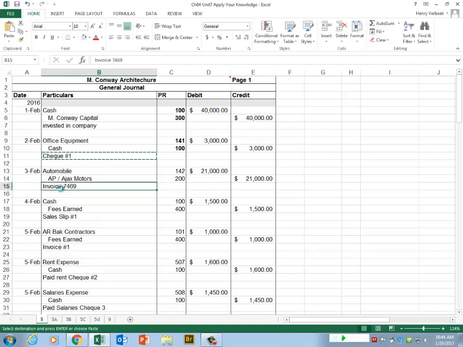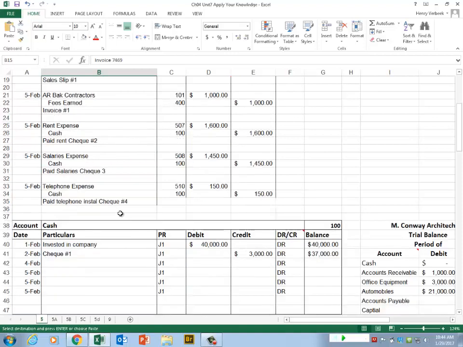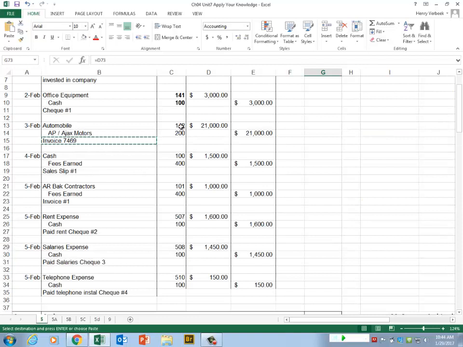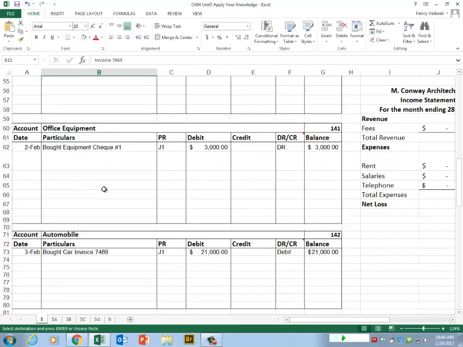So I'm just going to go Control C and move down to automobile, and we paste it there. We got 21,000 equals that, and the automobile, Control B, is posted. Then we got to check to make sure that we have the same thing in our accounts payable, which is 200.